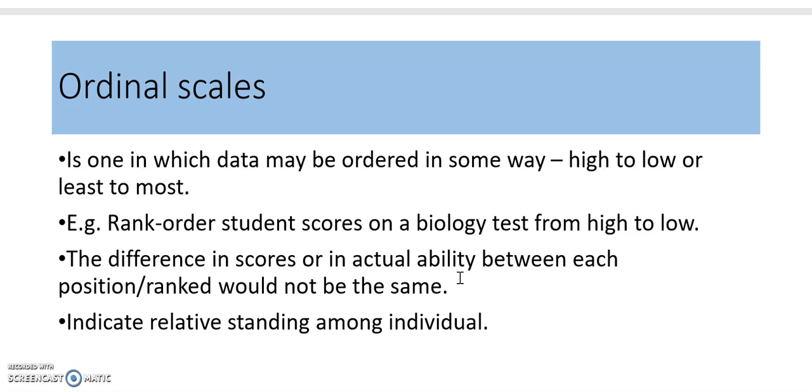For example, you have one student who scored 1 and another who scored 2. So are you saying that the difference between the scores of these students is 1? No, it's not like that. It just relatively describes the standing between the individuals.